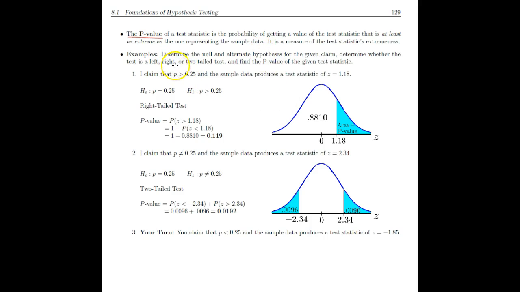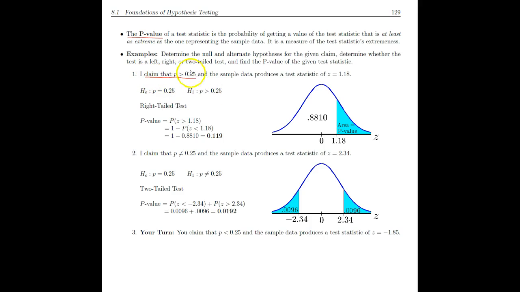One is determine the null and alternate hypotheses for the given claim, determine whether the test is left, right, or two-tailed, and then find the p-value of the given test statistic. So I claim that p is greater than 0.25, and the sample data produces a test statistic of z equals 1.18. So this is my claim.